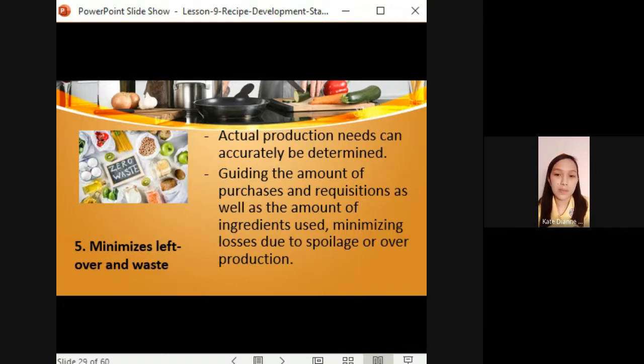And then also maiiwasan din yung pagka-sira na ingredients. Since pag sinusunod natin ang standardized recipe, sakto lahat, no? Walang matitira and walang masasayang. So this is one of the benefits of having standardized recipe. Let us proceed with the next.